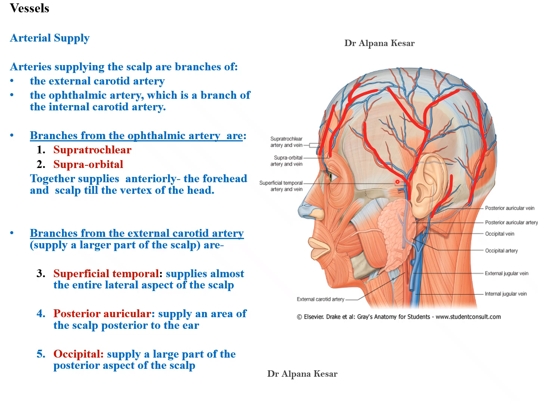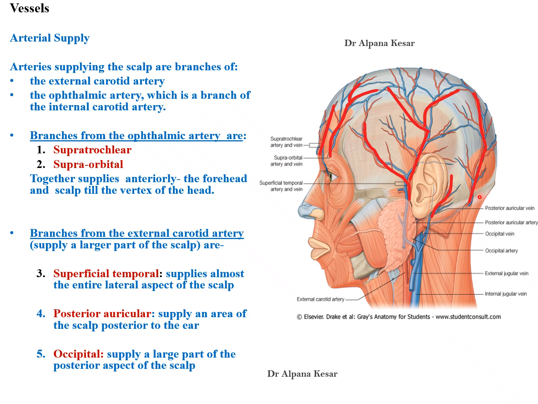Superficial temporal artery is a branch of the external carotid artery. It is rather a terminal branch of the external carotid artery and supplies blood to the entire lateral aspect of the scalp. Posterior auricular artery is a smaller branch of the external carotid artery and contributes blood to the area of the scalp just behind the ears.